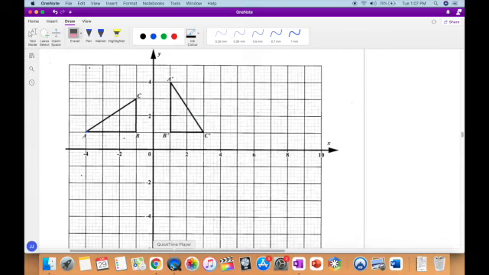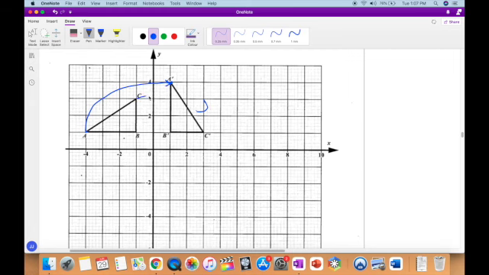So let's try something else. If we go this way, we could see that A will rotate this way to get here.